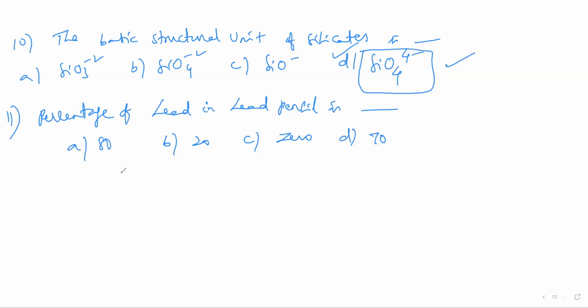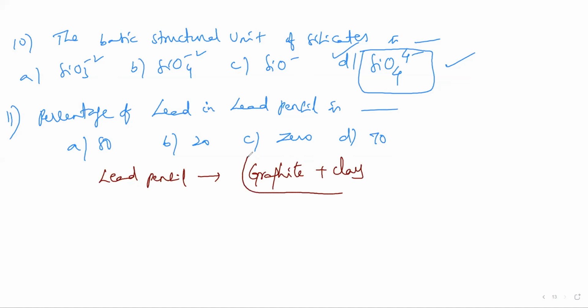What is lead pencil actually? Does it contain lead? Lead pencil is actually a mixture of graphite and clay. Now in this, do we have lead? There is no lead. So the percentage of lead in lead pencil is 0, right?